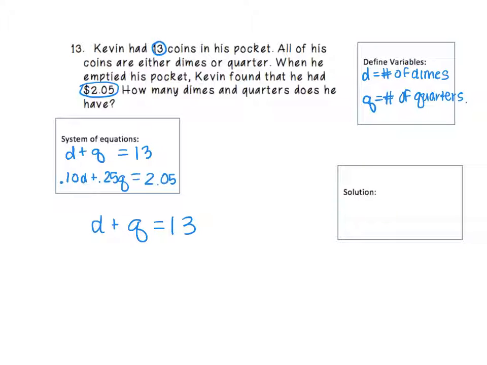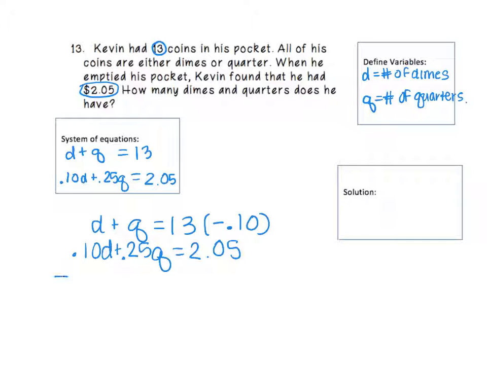I'm going to use elimination for this problem. And I'm going to do that by eliminating the D's. I'm doing that because when I multiply that first equation by a negative 0.10, I know it's easy to just move the decimal place for the 13.